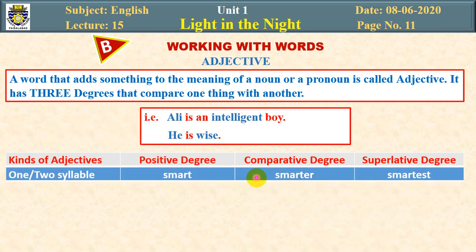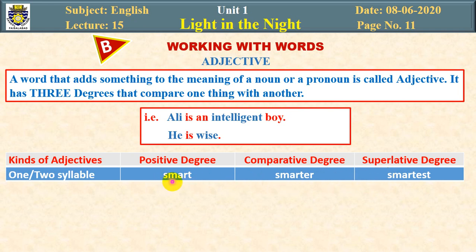Let's see 1 or 2 syllable adjectives. The words having 1 or 2 parts are called mono or disyllable adjectives. These adjectives take er or est to make comparative and superlative degrees.